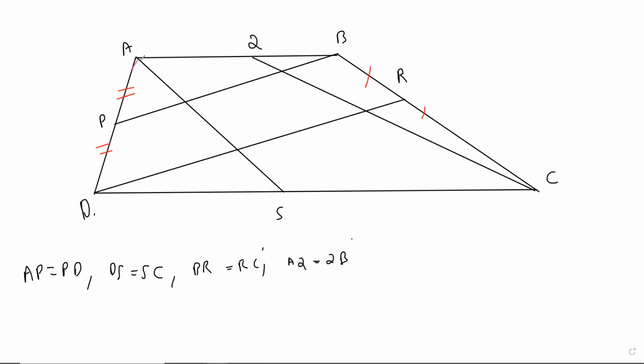Now, these corner triangles, we want to show that the sum of the areas of these corner triangles is in fact equal to the area of this quadrilateral in the middle. So the pink region is equal to the green region.